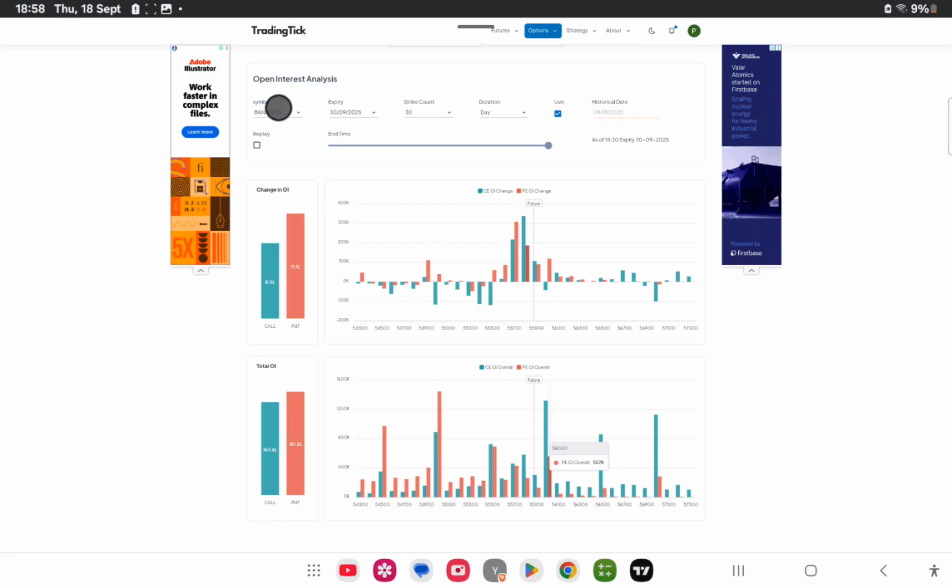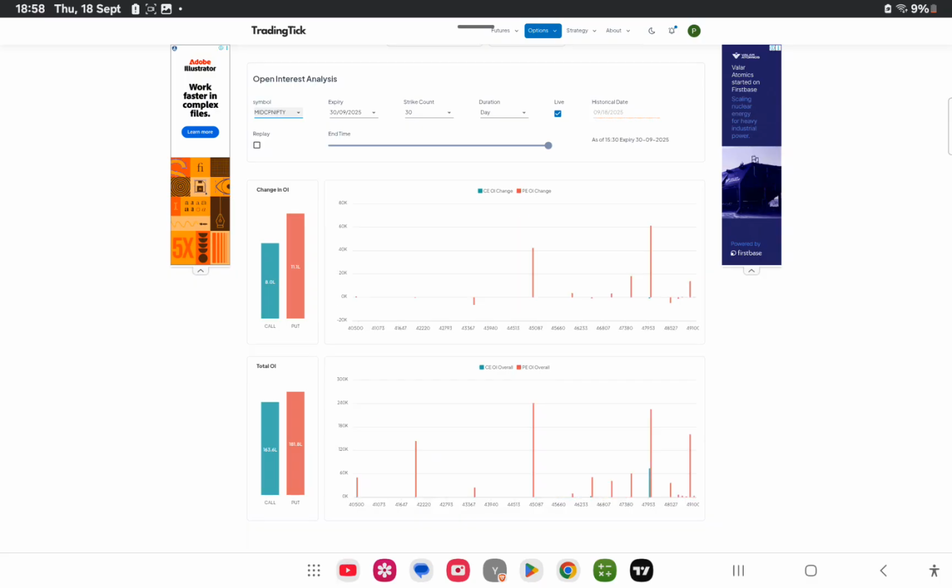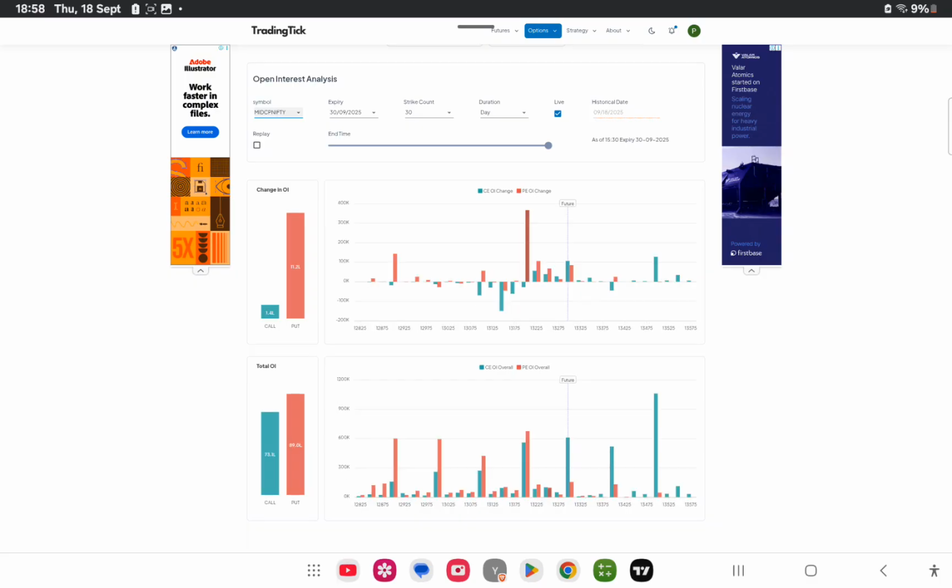So for the rest of the strikes, the decay will be very smooth. Here is the Midcap Nifty. Here also, on a count of every 100 points, the straddle has been built up smoothly, where 300 is seen as a major resistance and 900 as the major support.